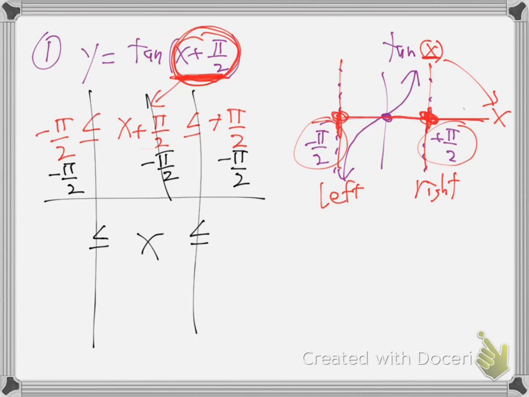Now I've got to work out the left side and work out the right side. Let me do the right side first. What's pi over 2 minus pi over 2? 0. That was easy. Now, how about the left side? It's negative, because they're going to add. It's negative 1 pi over 2 and negative 1 more pi over 2.